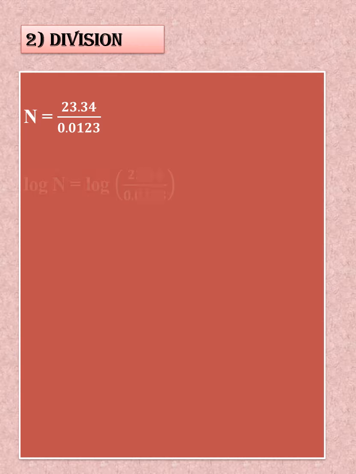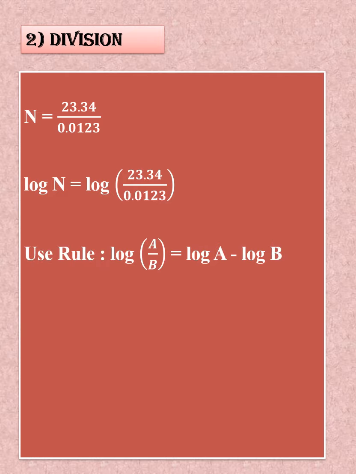Now take the log on both sides of the given number. Now use the rule of logarithm for log of a divided by b: separate the log of each number, keeping the minus sign in between. Instead of division, it becomes minus.